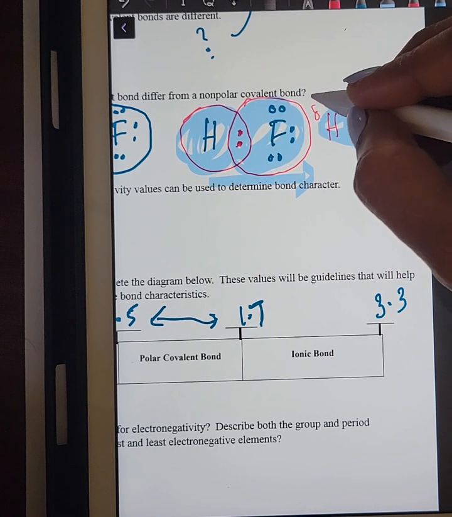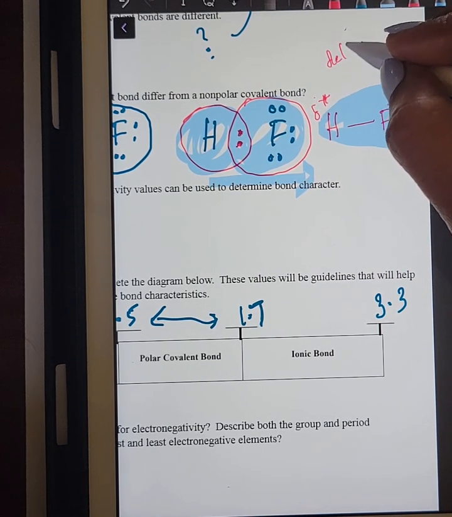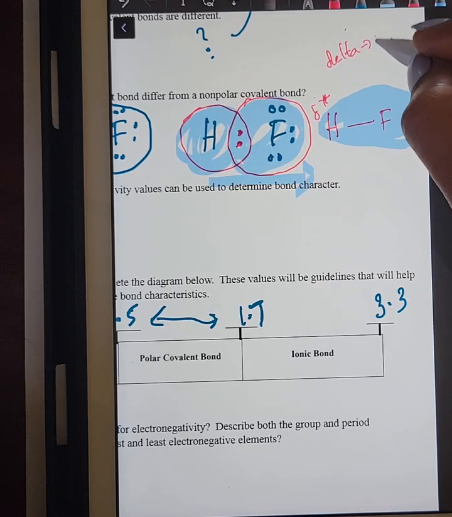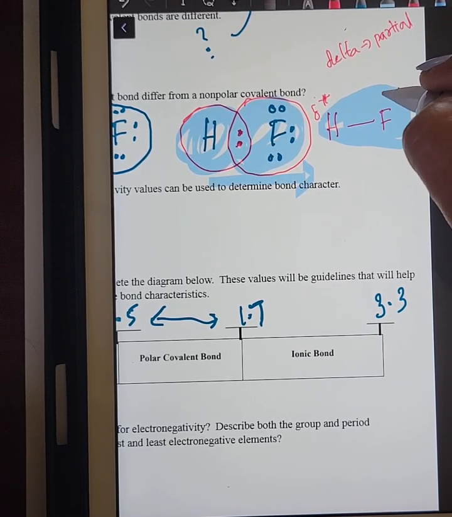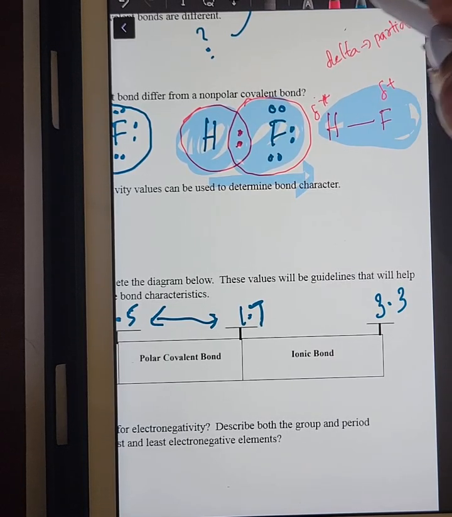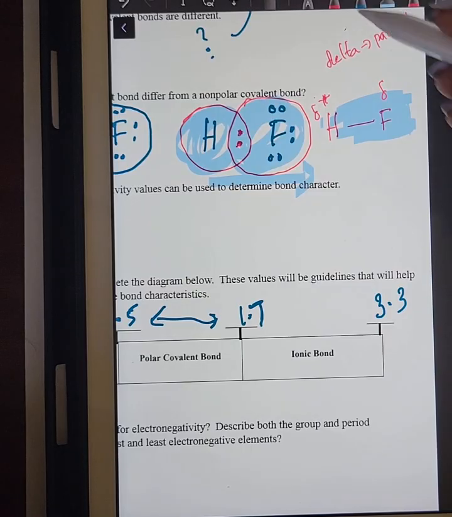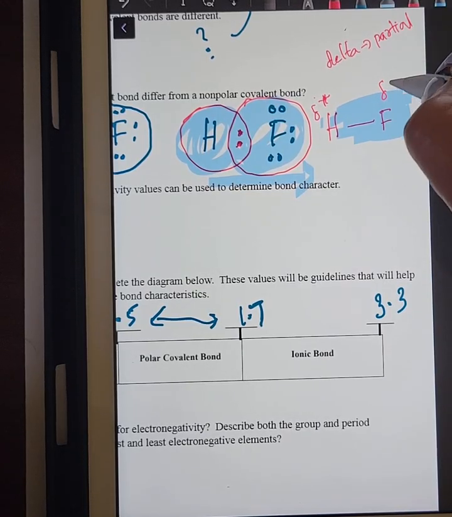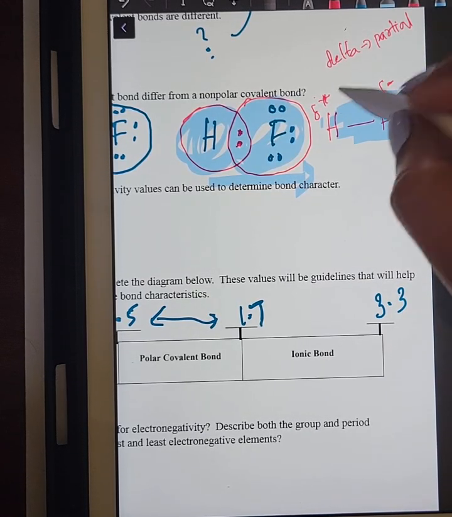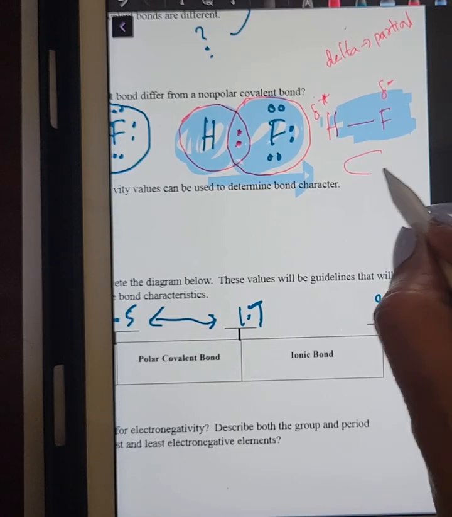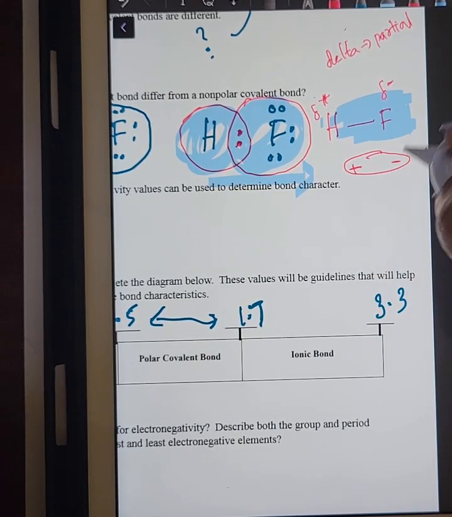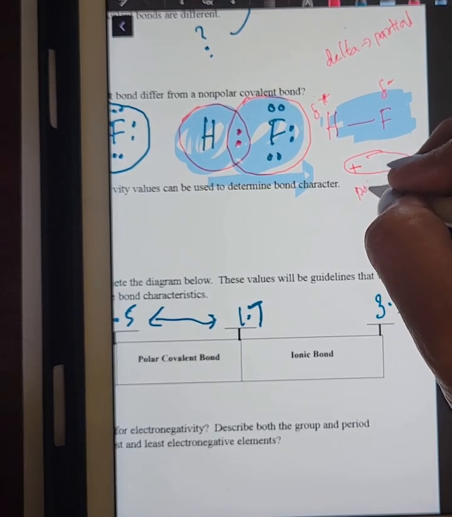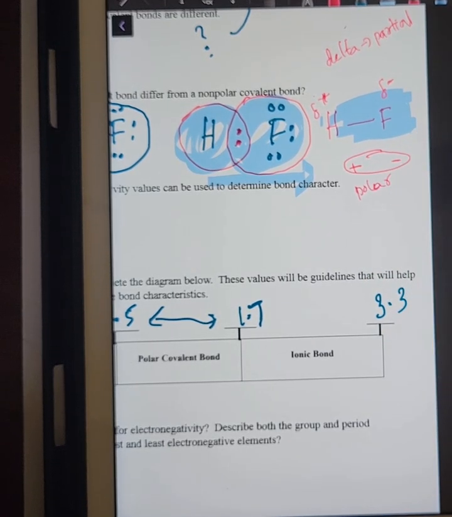That is called partial. Delta means it is not complete, it is partial. So there is a partial positive charge here and a partial negative charge here. So this type of compound has one side negative and the other side positive. The poles have charges, that's why it is called polar.